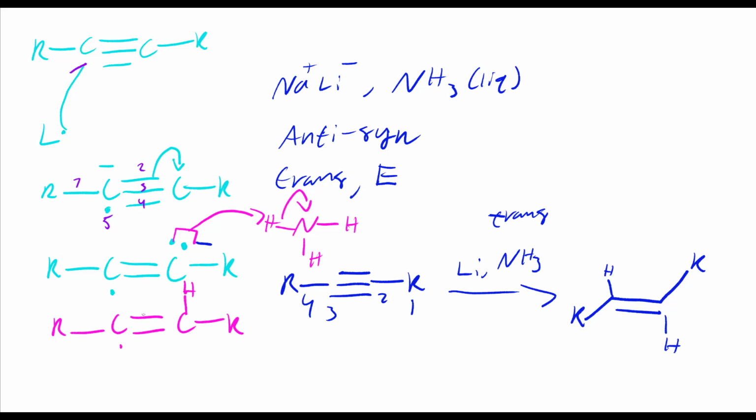Now what happens? What happens here is pretty simple. Another lithium comes in with an electron, and he donates another one to this carbon. And so what happens here is that we have R, carbon with 2 electrons, C, H with an R. Okay.